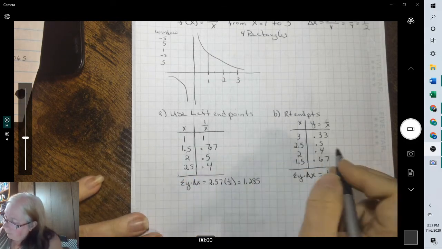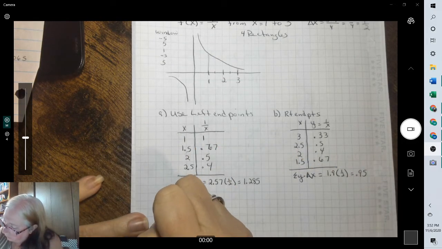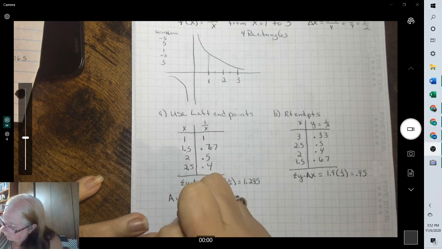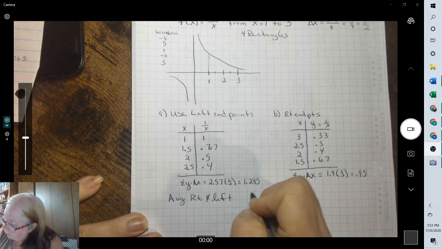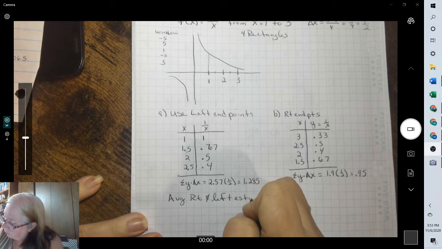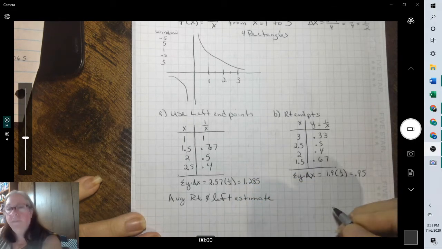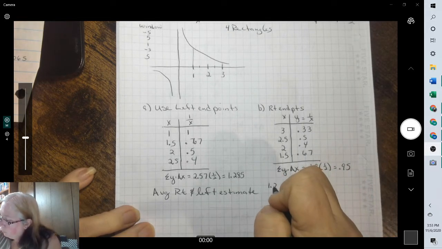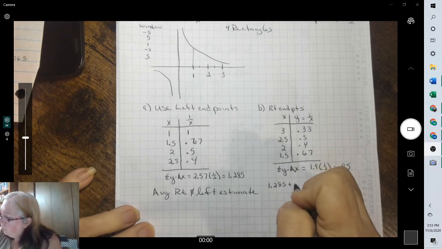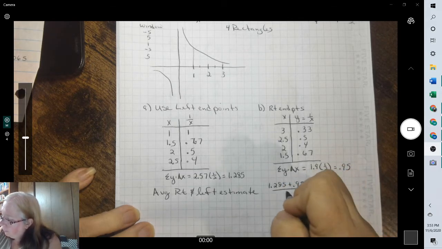Okay, another way is to average those two. To average them, we take the 1.285 plus the 0.95 and divide by 2.